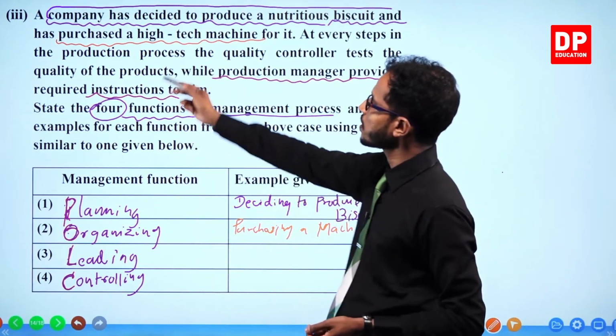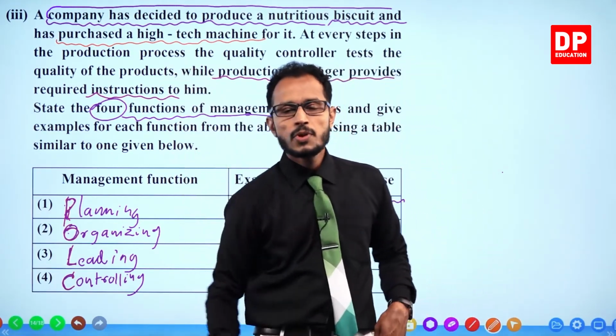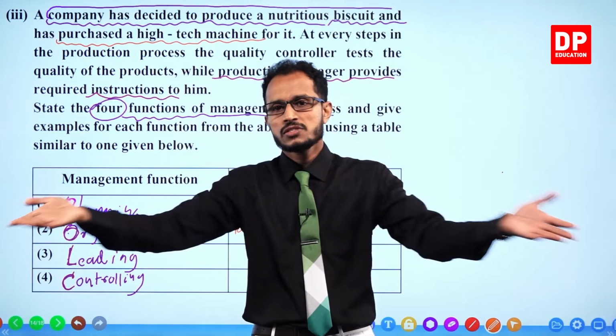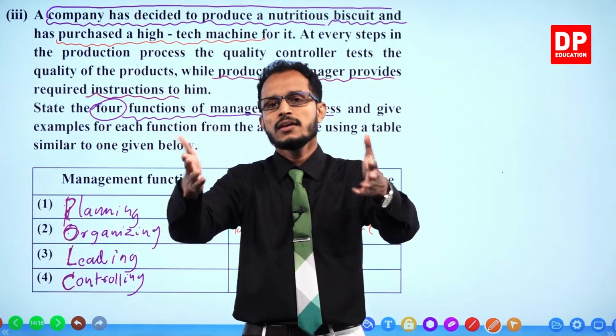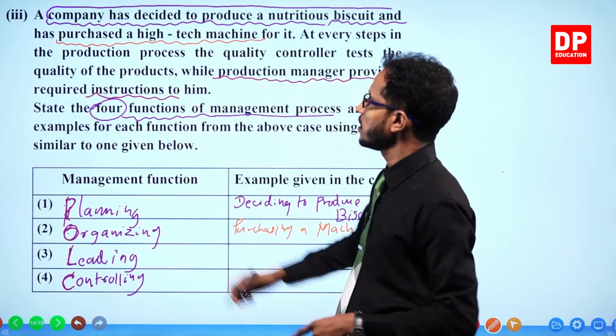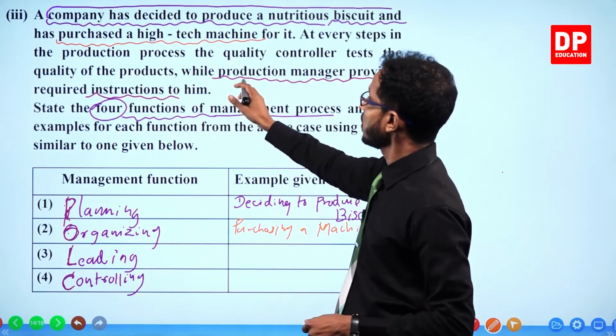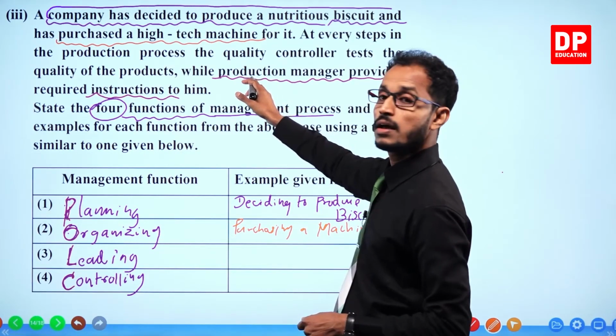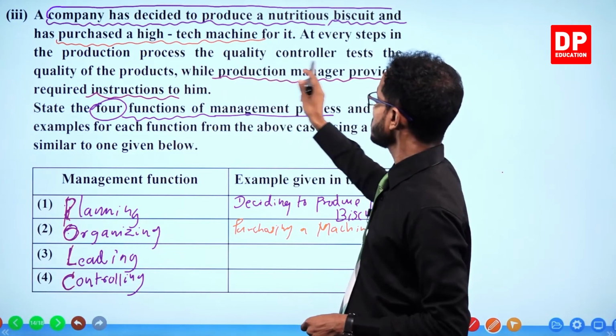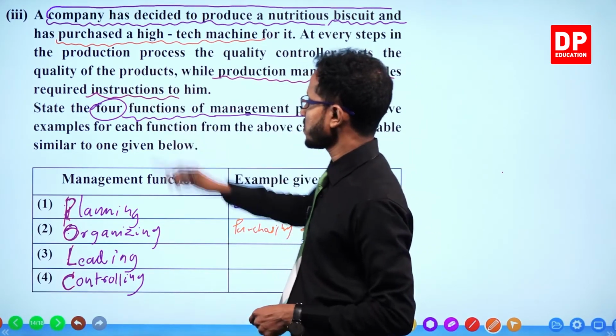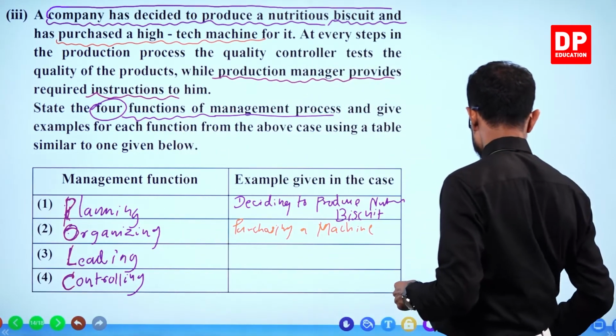Leading. Guiding the employees, giving them instructions, showing them the way. Leading. Production manager provides required instructions. Leading.